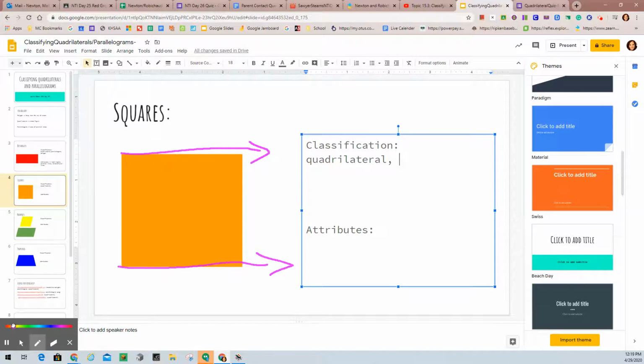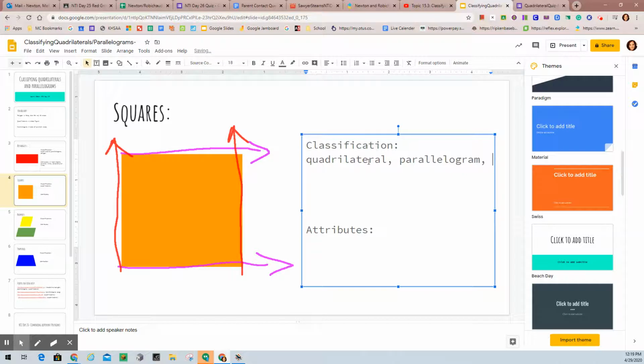Not the straightest lines, but you guys can see. And here's a set of parallel sides. So yes, it is a parallelogram. And then, of course, it is a polygon, because it has more than 3 sides and it's a 2-dimensional shape. So it fits all 3 classifications.